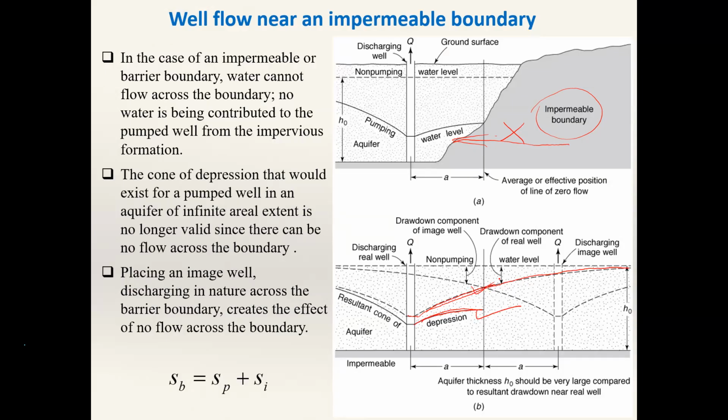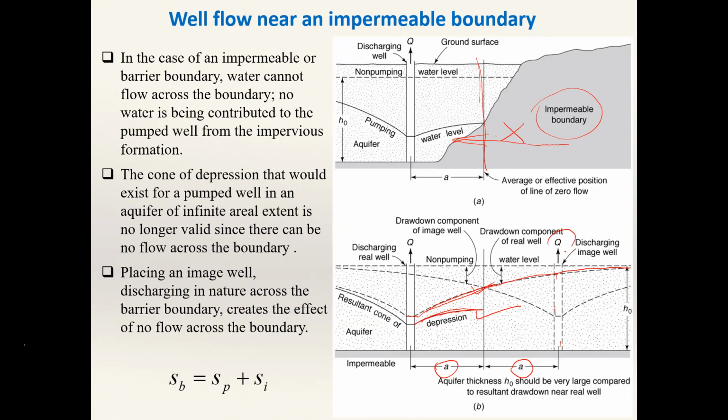Again, suppose that this is where your boundary is located. Theoretically, at the same distance, we add an imaginary well, an image well. It is a hypothetical well, not an actual well. Because it is an impermeable boundary, we expect more drawdown.